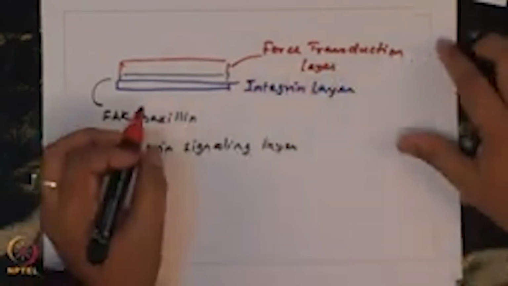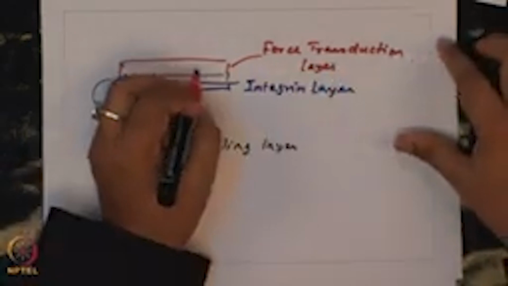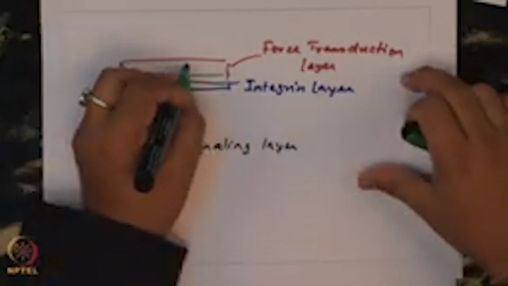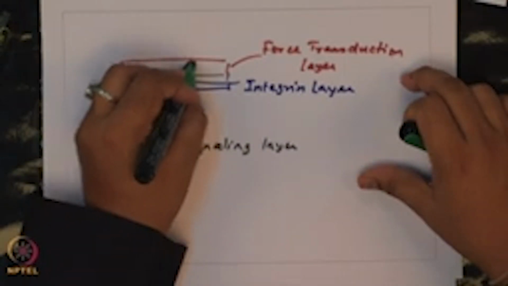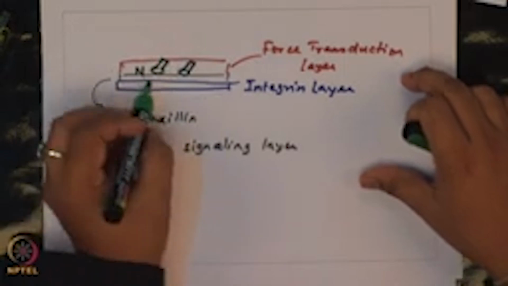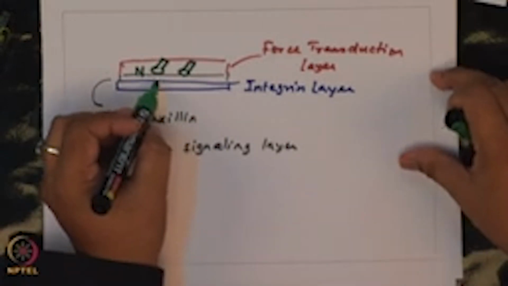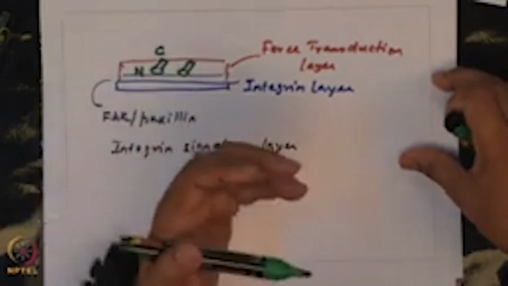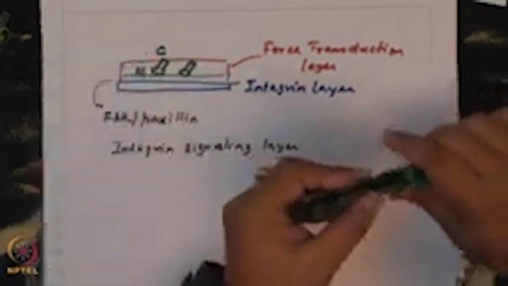Now, within the force transduction layer, she showed that the molecule called talin is localized something like this, with the N terminal closer to the integrin signaling layer and the C terminal of the protein away from it, closer to the actin layer.